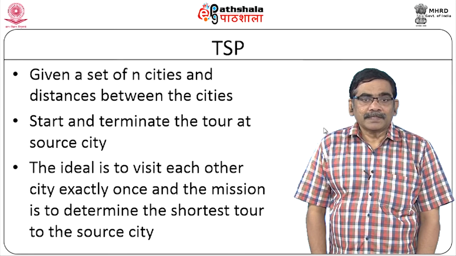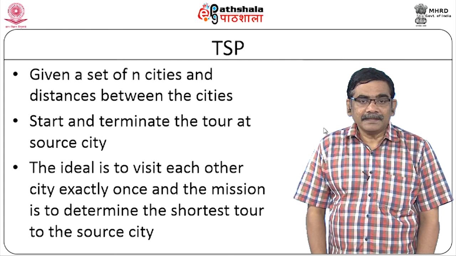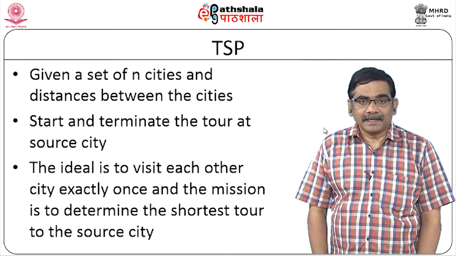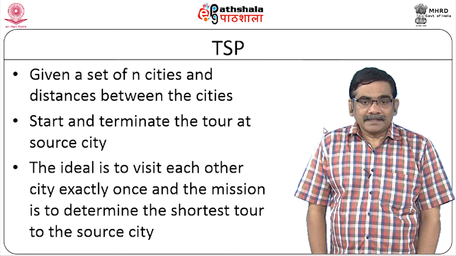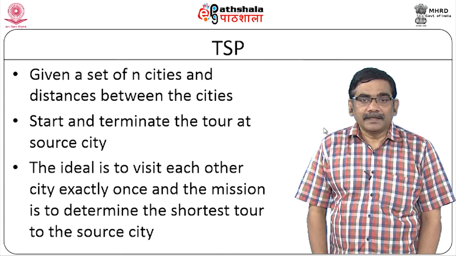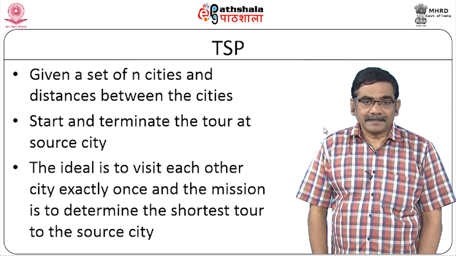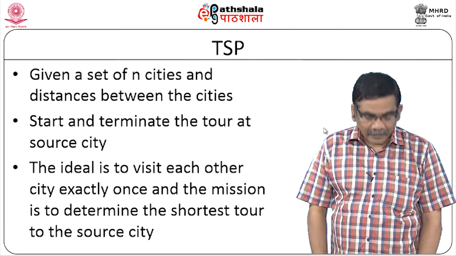So, a tour starts from a city, visits all other cities, and then gets back to the original city. This finds the shortest path among the various tour possibilities. In other words, we have to find the minimum cost tour as part of TSP.